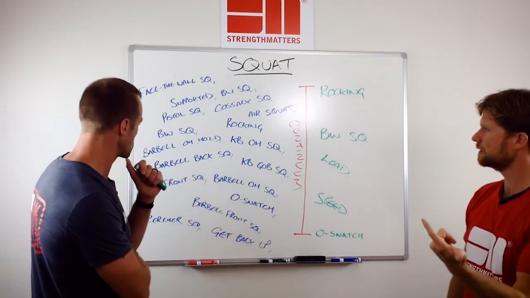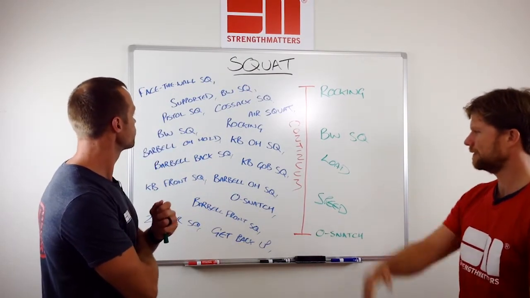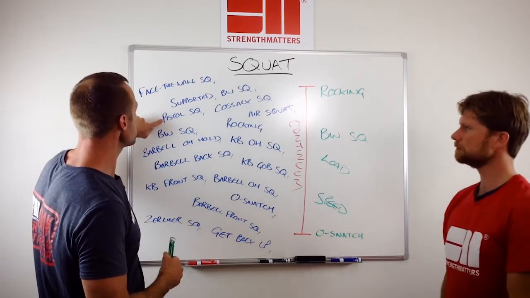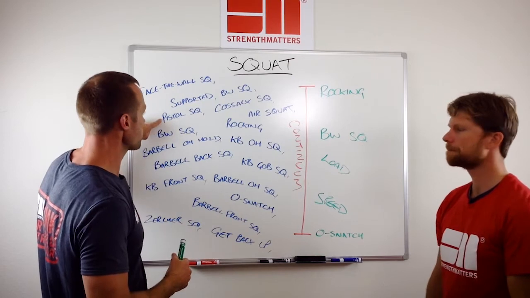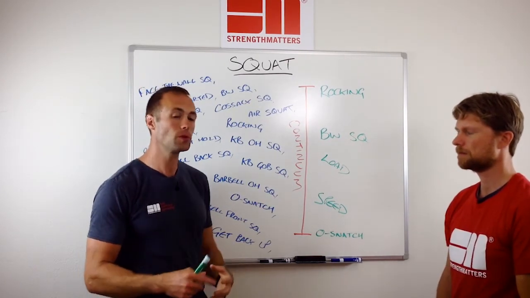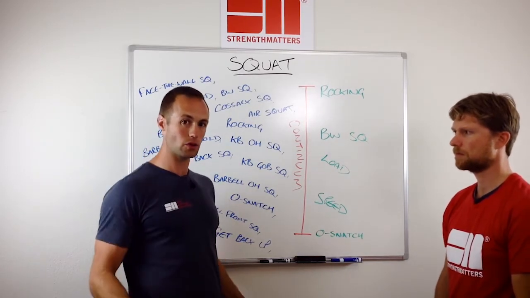We've got the Zerker, we've got pistol, we've got, Phil, take us through that real quick. Yeah, well, let's use the pistol squat. The pistol squat requires quite an, I'd say, optimal level of mobility in the ankle and the hip joint.